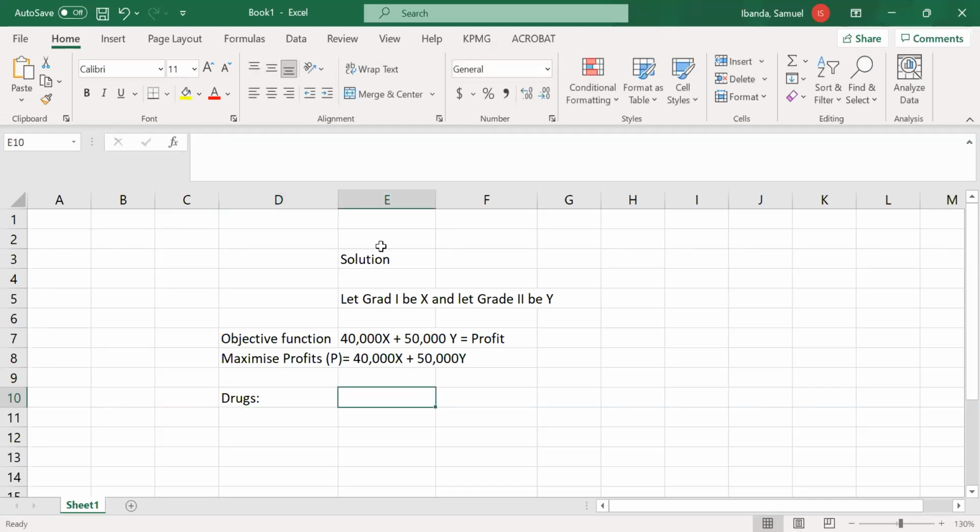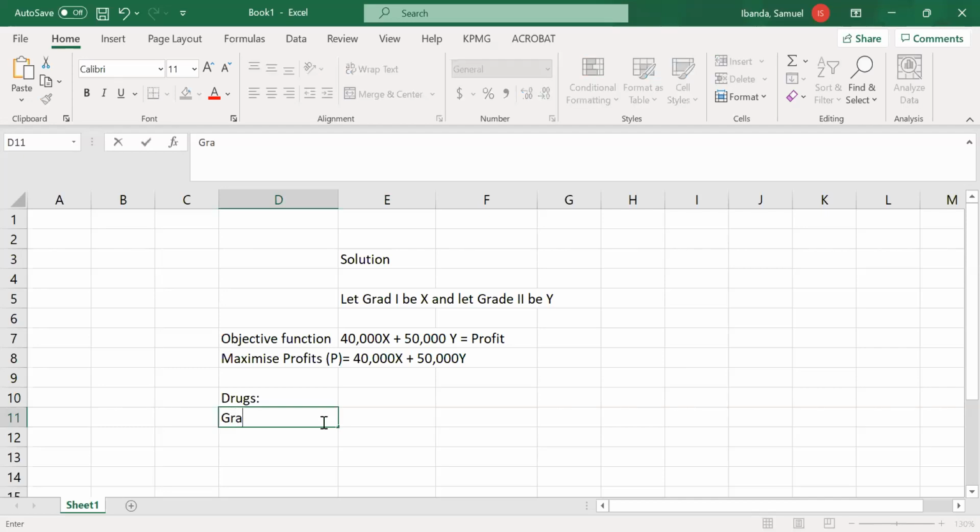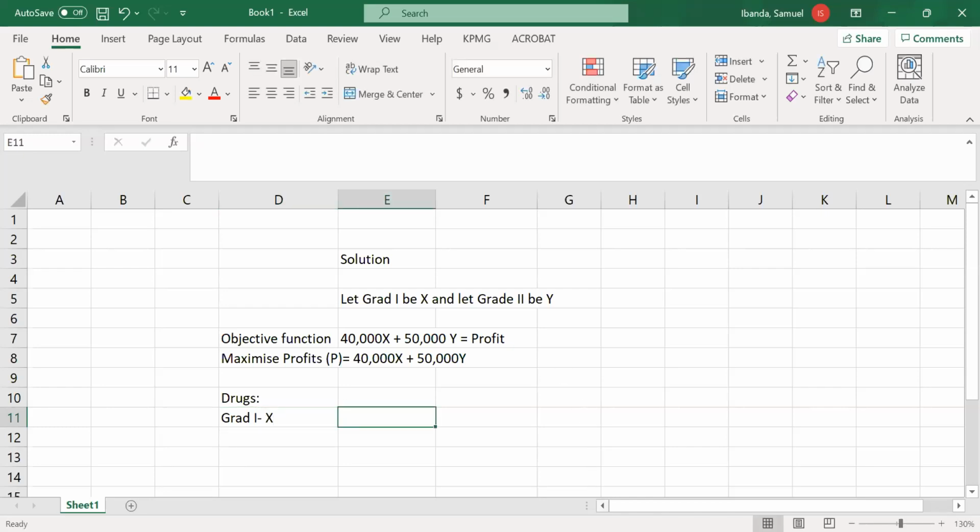Remember, I've already denoted X to be my grade 1 and Y to be my grade 2. So we have said that our grade 1, which is our X, okay? They are telling us that it requires 25 drugs.